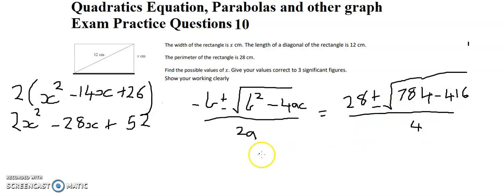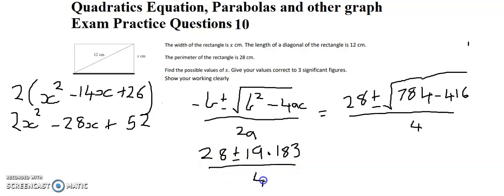If we solve what's in the square root, that leaves us with 28 plus or minus 19.183 over 4. If we solve that with the positive and the minus, we get two answers. Because it's looking for three significant figures, it will be 11.7 and 2.25.